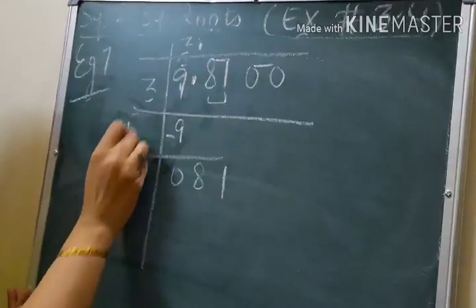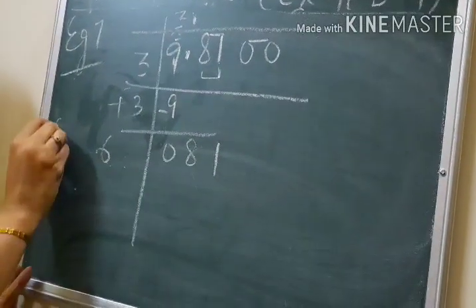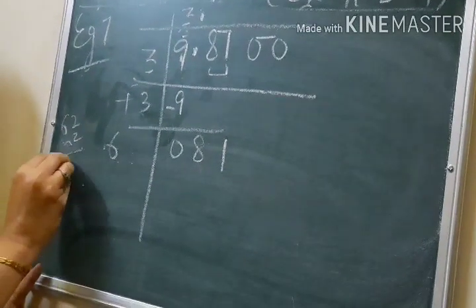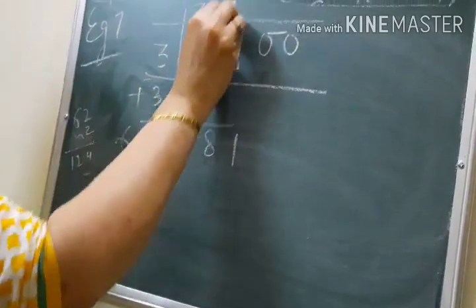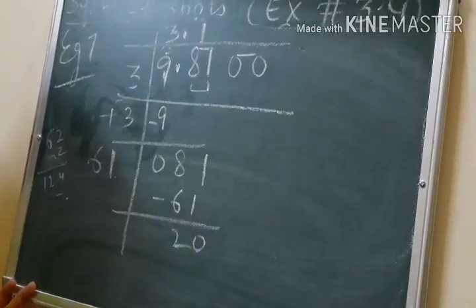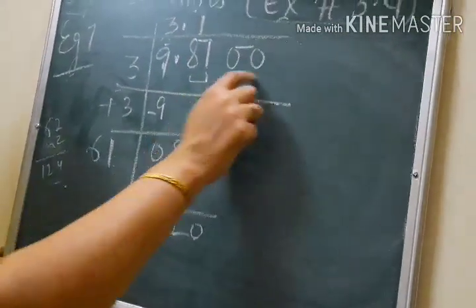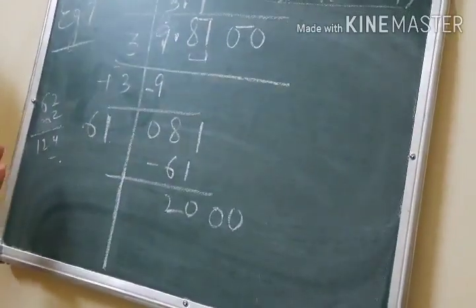Then 3 plus 3, 6. Now which number will we put? If I put 2, 62 2s are 124. That is bigger than that. That means I have to take 1, 61 1s are 61. It is 20. Note down the next pair 2000. Now one more suggestion.